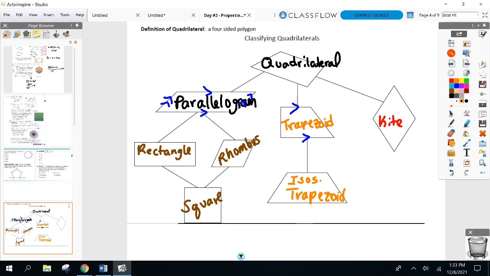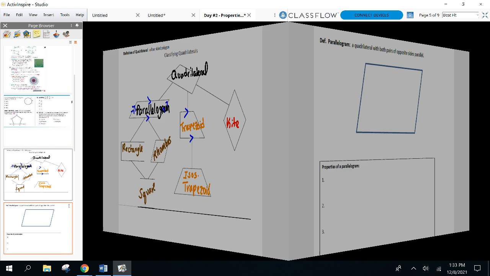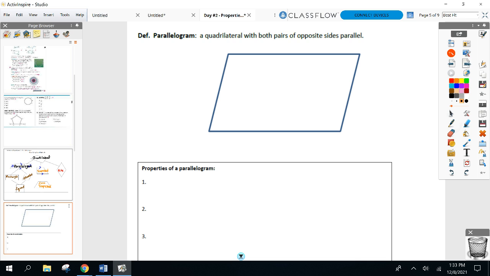Today, tomorrow, Friday, all focused on one and only one, the parallelogram. So let's start there today. There it is, the old parallelogram. First thing, before we even start sniffing a parallelogram, how am I going to write my shorthand? Let's be honest, does anybody want to write the word parallelogram every time?